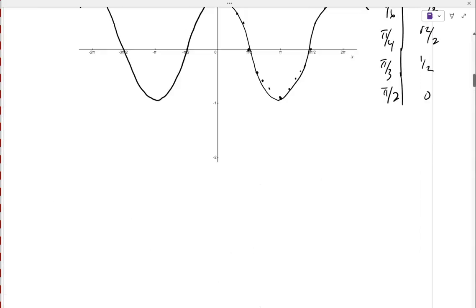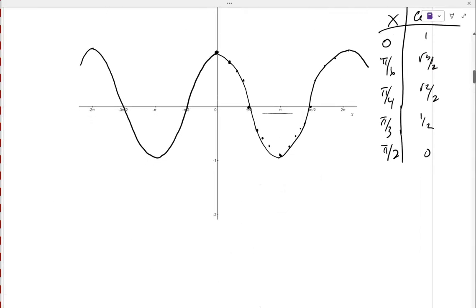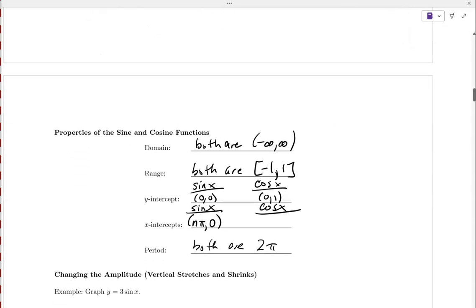If I scroll back up to my graph, this is a length of pi, this is a length of pi, this is a length of pi. So the way we can express all the x-intercepts is pi over 2 plus multiples of pi. And that will give us all of our x-intercepts for cosine.